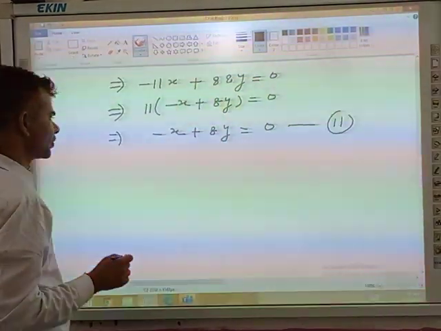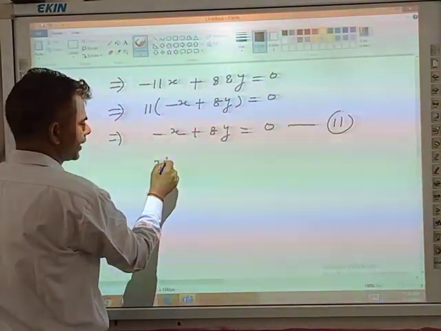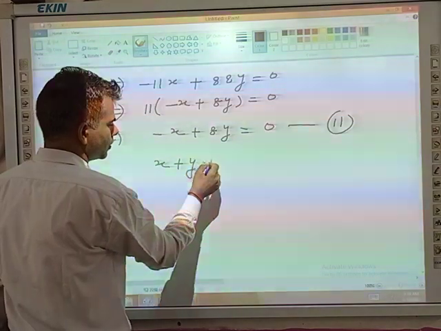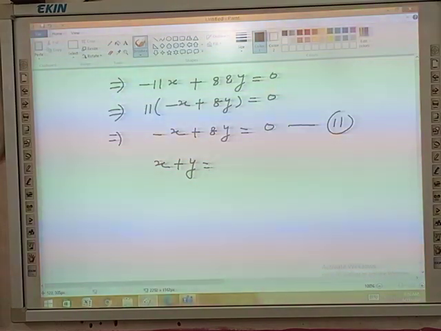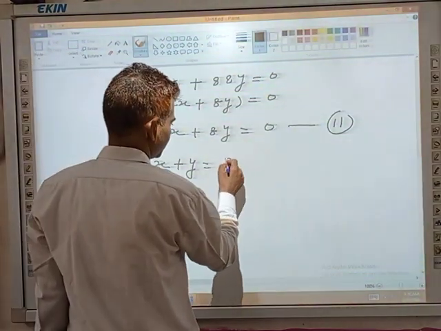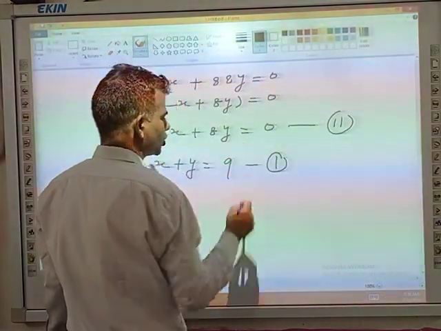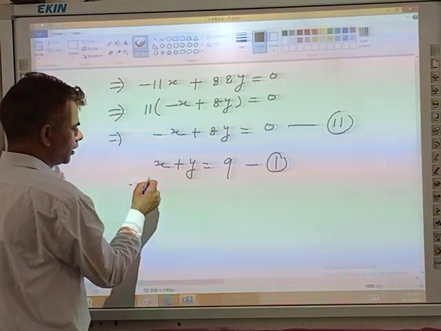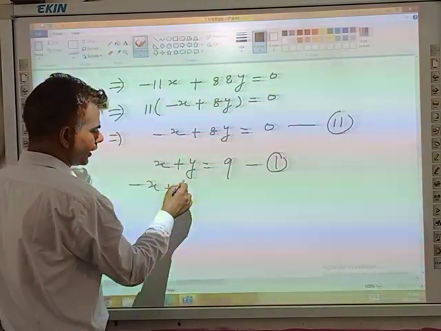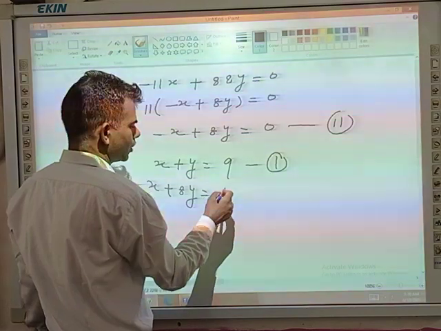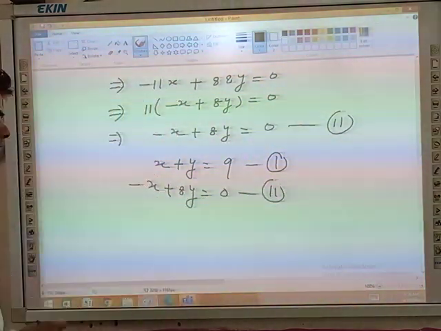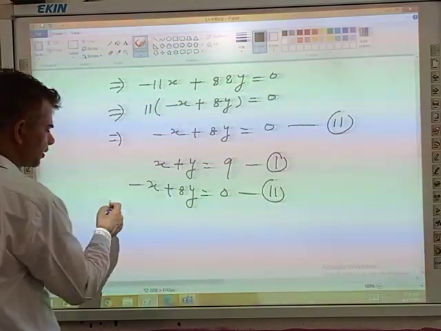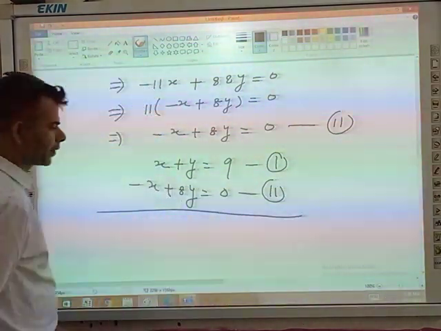Now students, the first equation is x plus y equals 9, and the second equation is minus x plus 8y equals 0. Solve these equations and find the values of x and y.